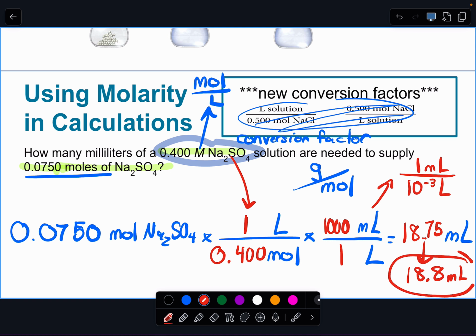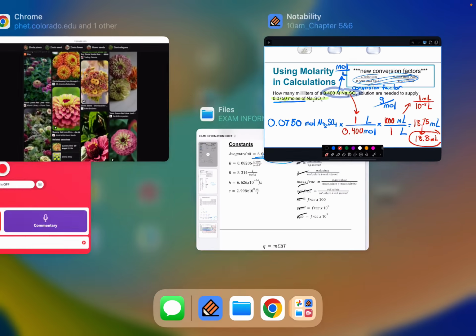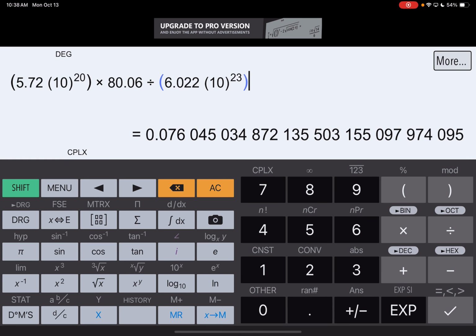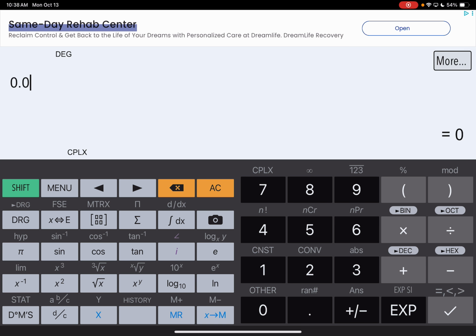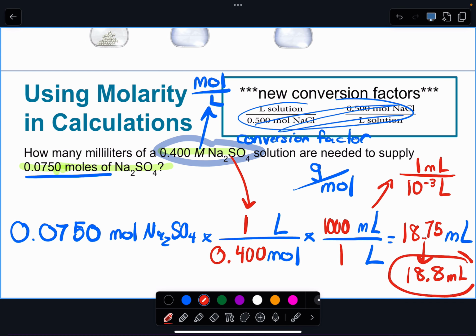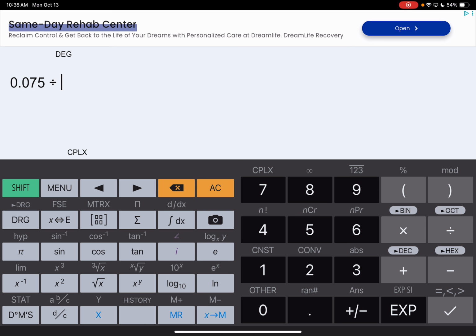Did I do the math wrong, or do you have it? Getting 187.5. Here, let's just plug it in. 0.0750, divided by 0.4, and then times 1,000. Oh, it looks like it was me.